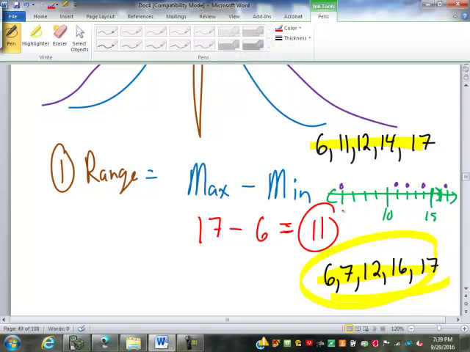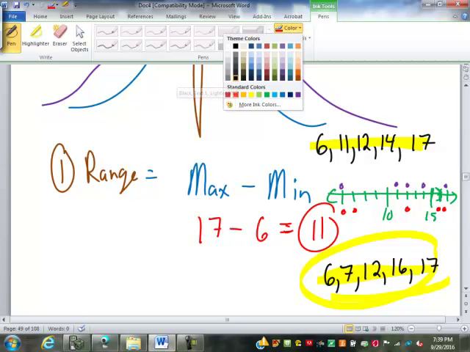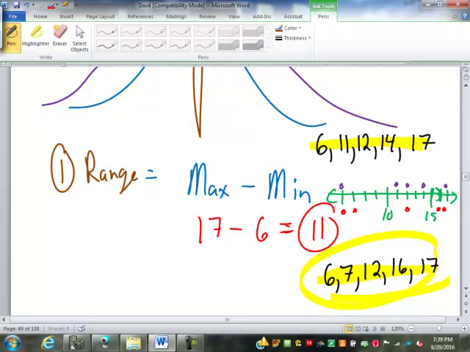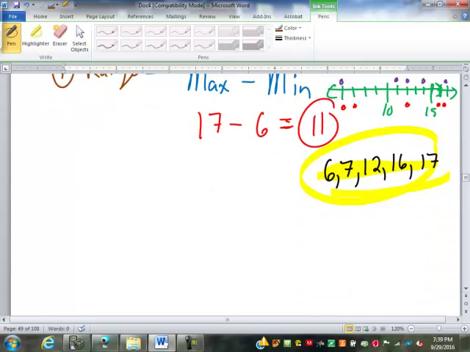The bottom one down here, I got dots at 6 and 7, 12, 16, and 17. Those red dots appear to be way more spread out, don't they? So the range is not adequate to distinguish between the spread of similar sets like that. So we have two others that we use.